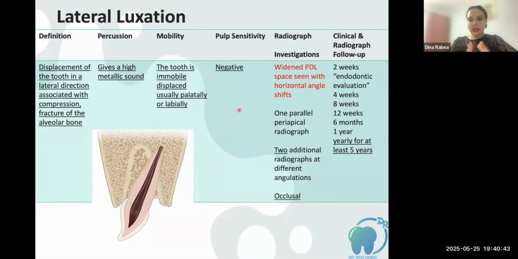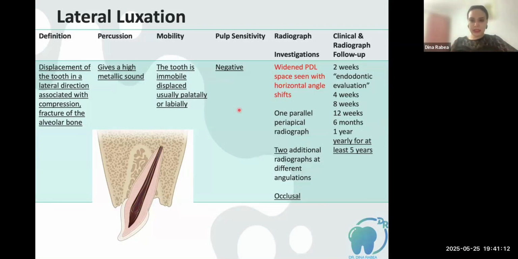Follow-up routine again, 4 weeks for desplinting, 2 weeks for endodontic evaluation. So most of the time we do not take the decision of the endodontic treatment at the emergency visit. We have to wait either for splinting, for making sure the tooth is in the right position before initiating the endodontic treatment, or for giving some time for reassessing and choosing whether to go through the endodontic treatment or not.